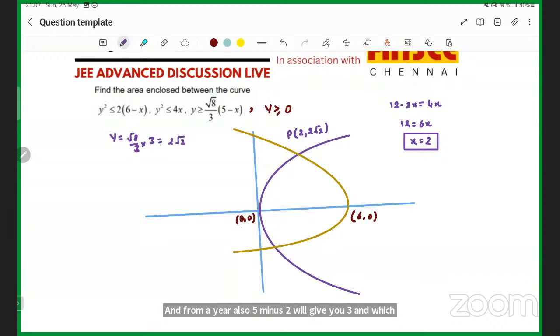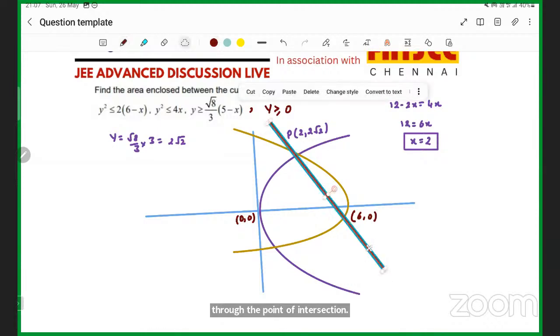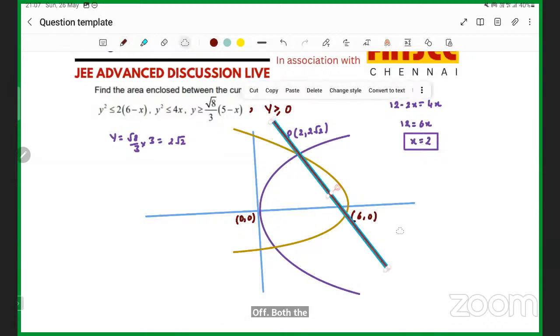So basically, this straight line passes through the point of intersection of both the parabolas. So the graph is something like this.